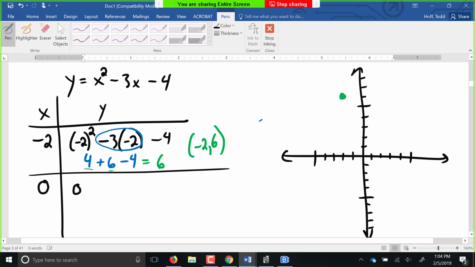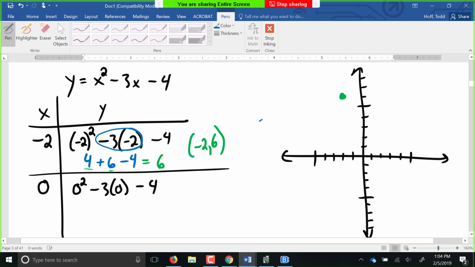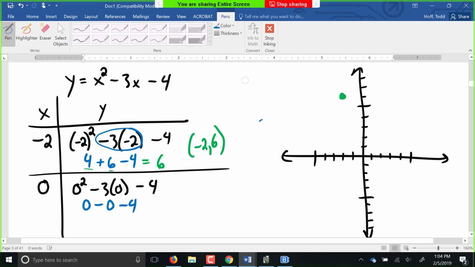So if x is 0, y is going to be 0 squared minus 3 times 0 minus 4. What's 0 squared? 0. What's 3 times 0? 0. So 0 minus 4 is -4.